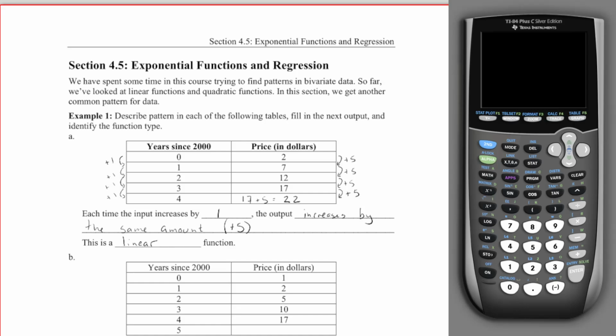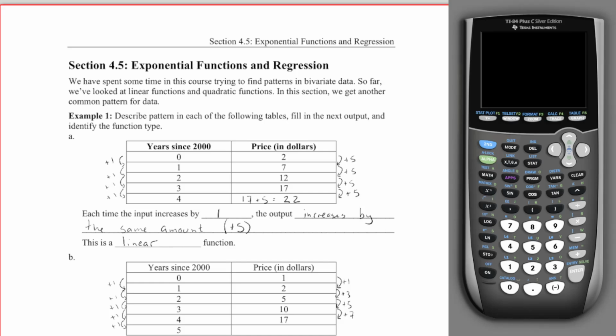In the next example, again, we see that each time we go down a row, the input increases by 1, but now the output increases by varying amounts. Here it increases by 1, then by 3, then by 5, then by 7.